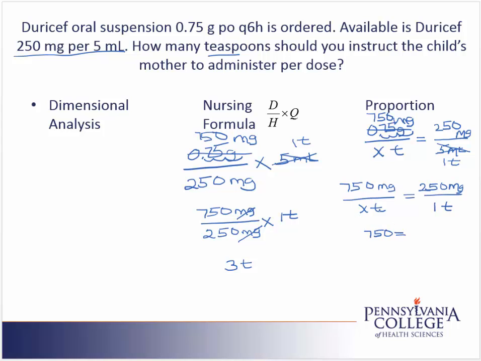Multiplying on the second diagonal, I have X times 250, which we write as 250X. I solve by dividing both sides by 250. That allows me to cancel these 250s to get X equals, and I do the math here, and the answer is 3. Looking back at my proportion, the label on that 3 is teaspoons.